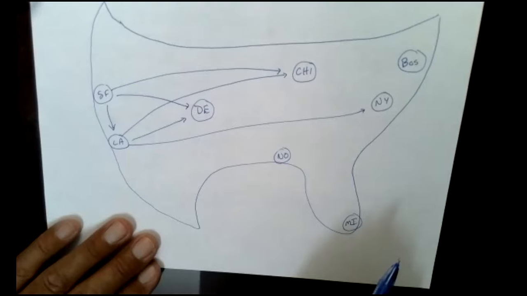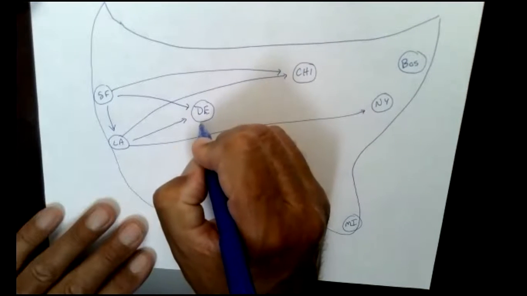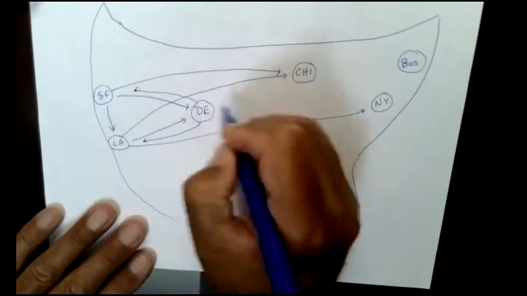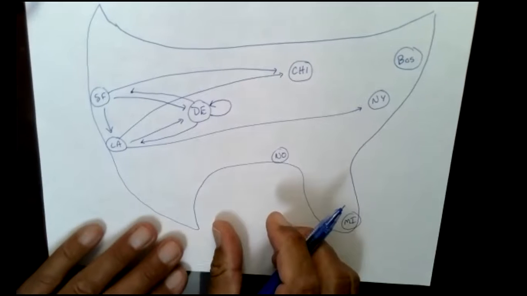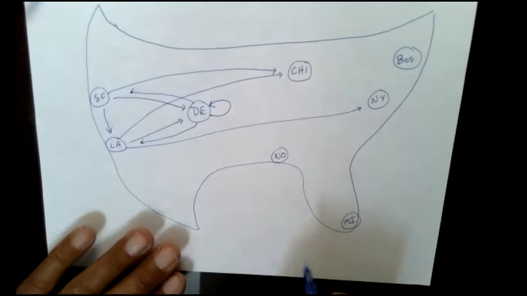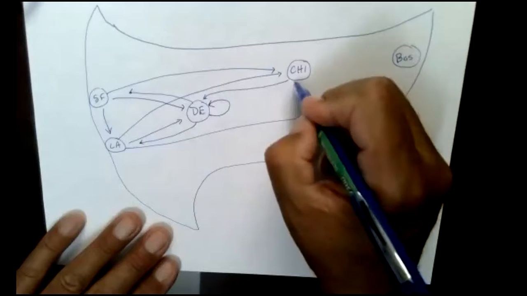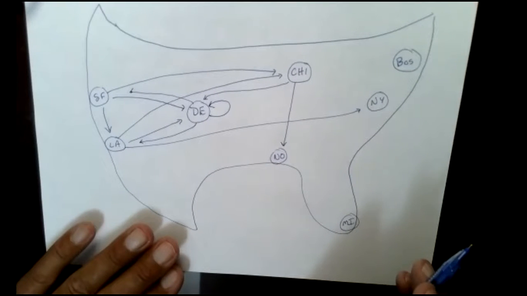Denver goes to LA, San Fran, and Denver. That's not very exciting. It goes to LA, goes to San Fran, and goes to itself. Chicago goes to Denver and New Orleans. Denver seems to be a hub. Even though there's a whole bunch of snow out there right now.